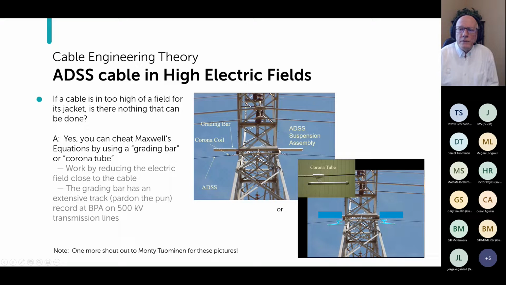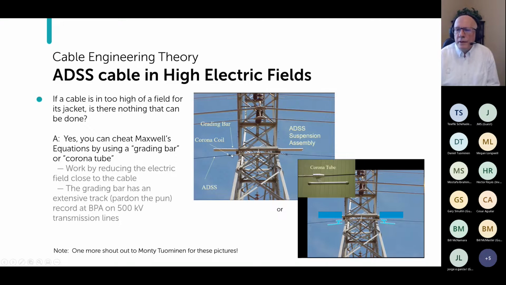But you mount a piece of angle iron here to the structure, and now this angle iron is effectively grading the field of the cable in the area where you could be exceeding the jacket's tracking resistance. And BPA has thousands of miles of ADSS installed using this concept, and it works. So they have an extensive track record, pardon the pun, doing this.